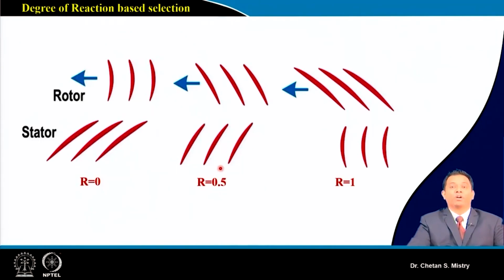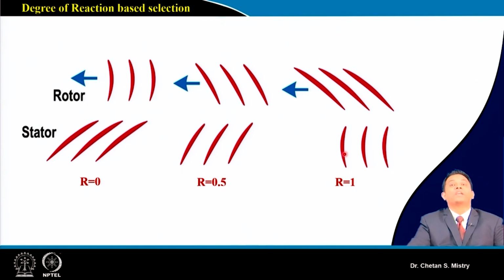Now, if you recall, we have discussed different kinds of configuration. We have different kinds of degree of reaction distribution. So here, this represents my degree of reaction to be 0, my degree of reaction to be 50%, and my degree of reaction to be 100%. You will say, sir, how are we correlating what we have learned with this degree of reaction?